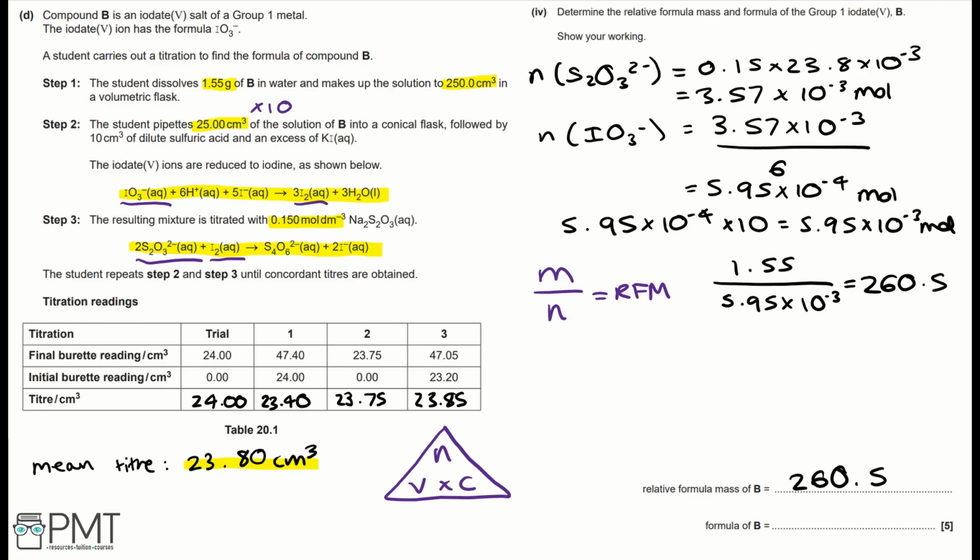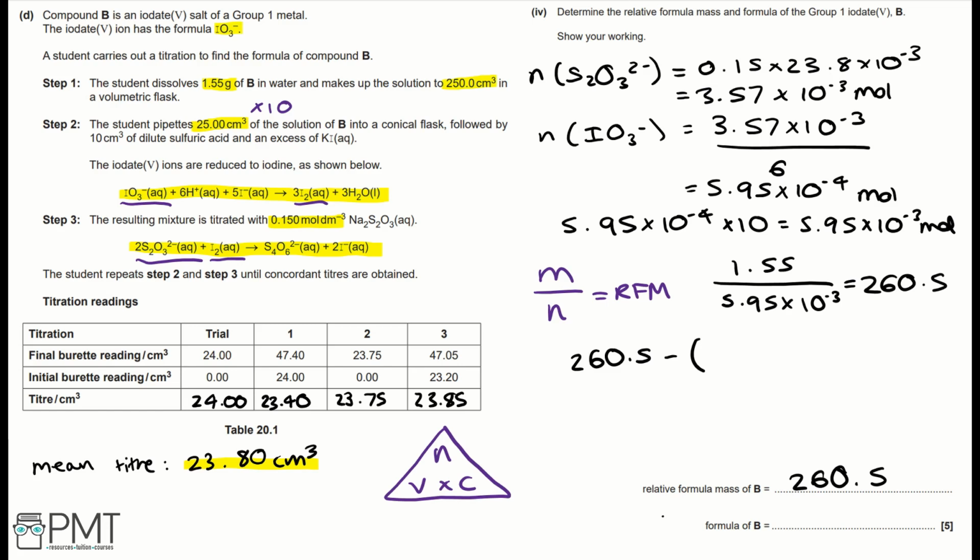And then the formula of B, well, we need to match the relative formula mass to the mass of a group 1 metal. So to find the group 1 metal, we can take the relative formula mass, 260.5, and subtract the relative formula mass of the iodate 5 ion.